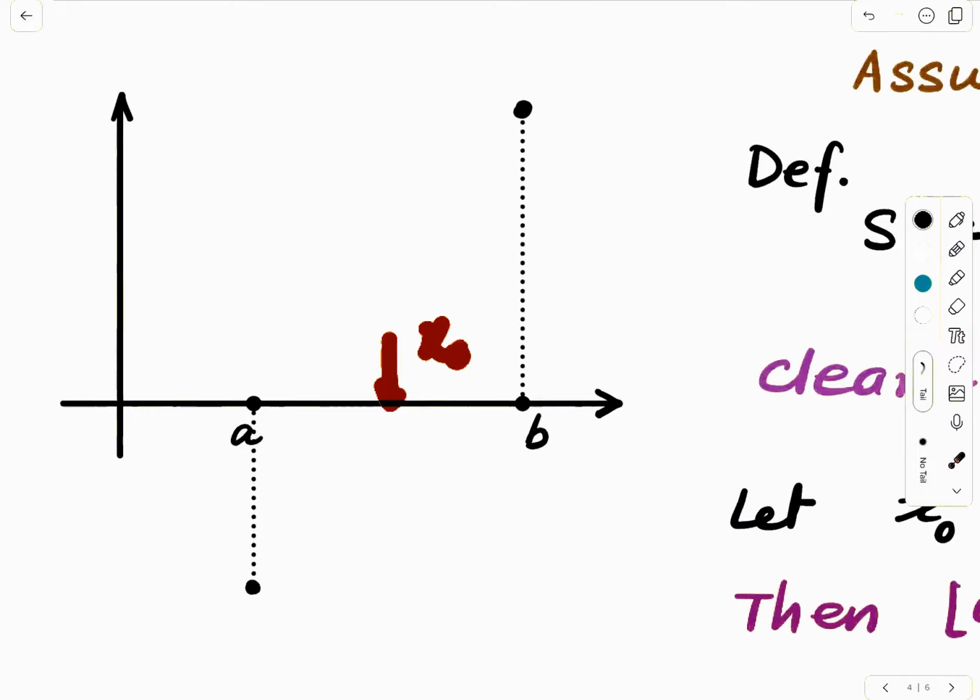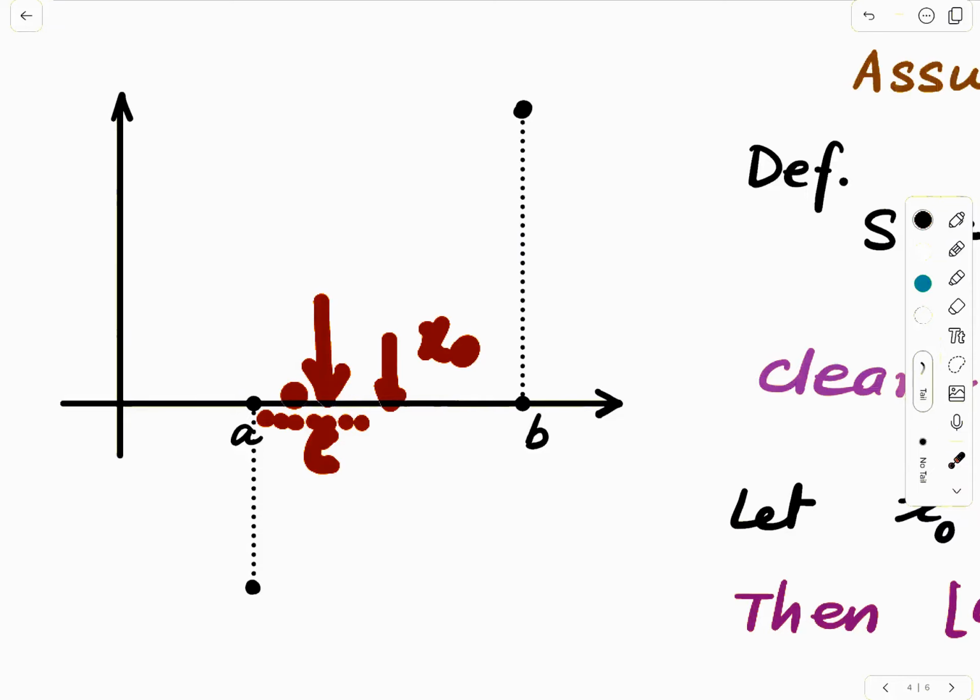We are saying that everything before x0 is in the set S. Suppose not, then there is something here which is not in S. Call this maybe C. Suppose C is not in S. That means either f of C is positive or f of some point before C is positive.